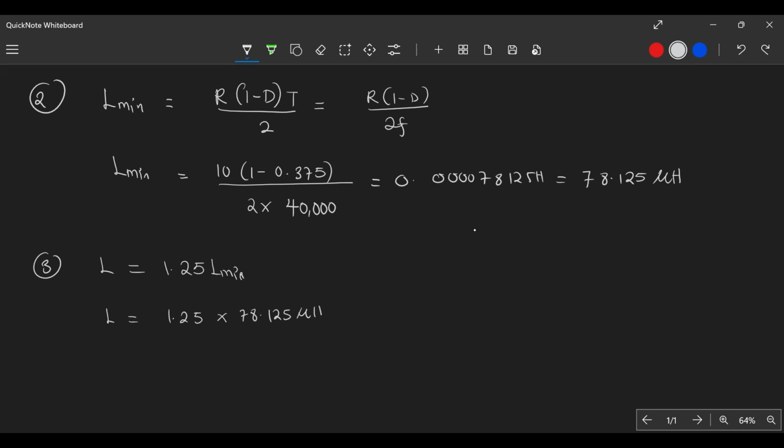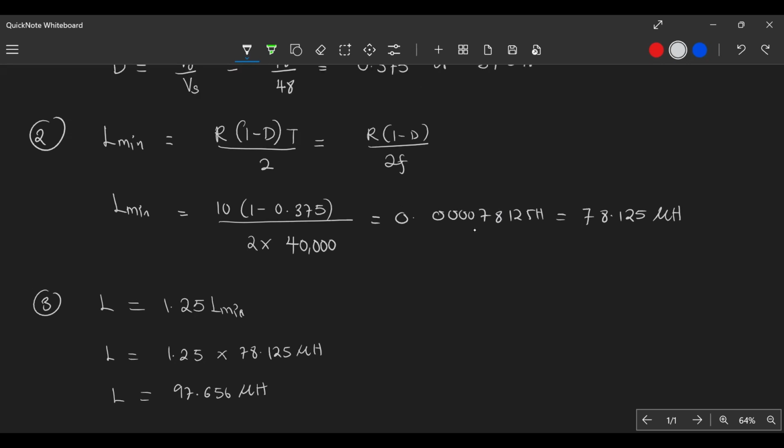If you calculate the inductance in the circuit, we find that the inductance is about 97.656 microhenry. So that's the inductance. And now from this, we can find the inductor current.